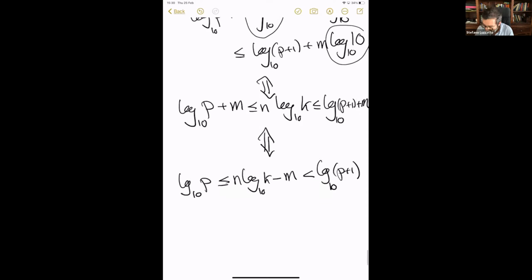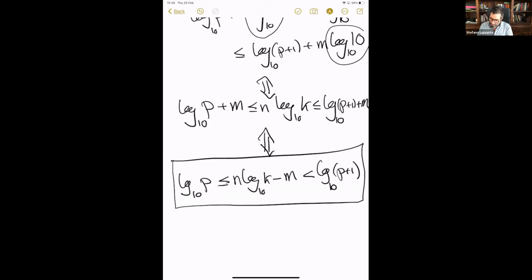These are a few technical steps, but they're just algebra, really. This is what we have arrived at. We want to show that there exist M and N such that this holds.